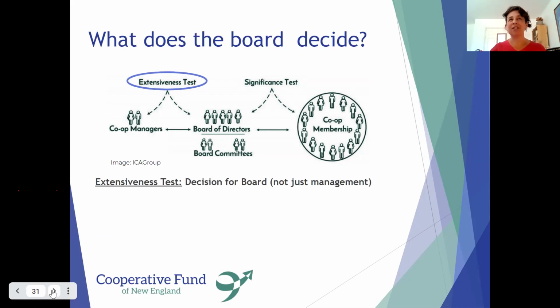So decisions that might not be for all of the members to make, because maybe there are decisions that impact the co-op for a shorter time period, or don't really impact its survival, but still impact a large number of the co-op members, or commit a significant amount of the co-op's financial resources, or are going to affect the fundamental operations of the co-op over a long period of time.